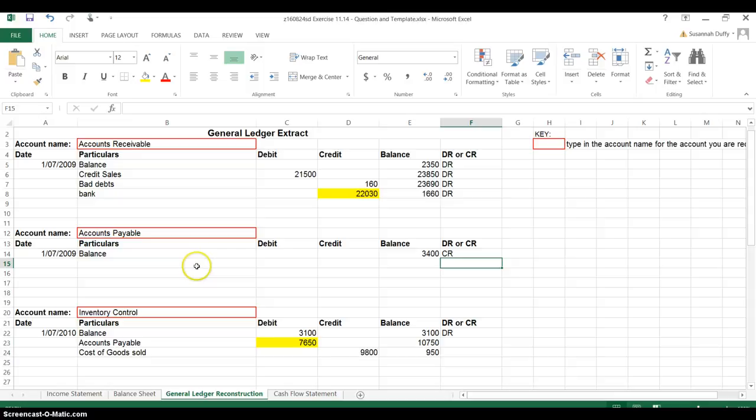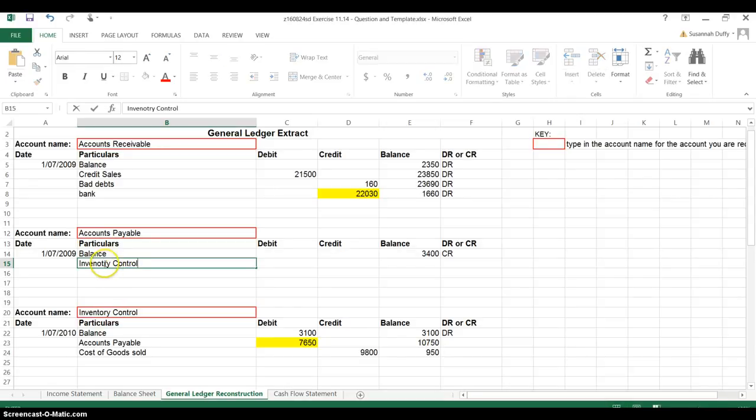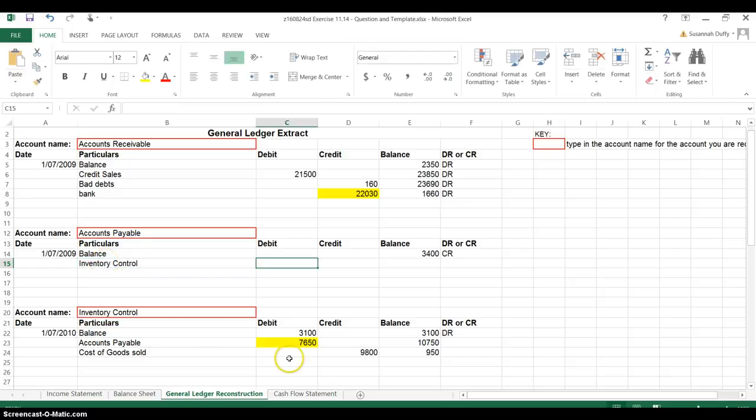Okay, so the next thing we know, which we found out from doing our inventory control, is that inventory was 7,650. So we know that if it's a debit down here, it's going to be a credit up here. Remember how everything has to equal? Being a credit, we add those two together, which gives us a new balance.